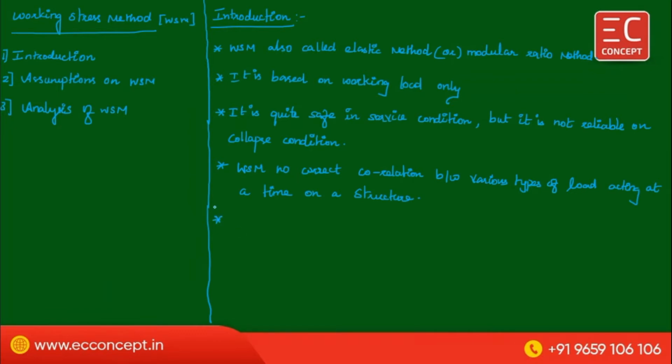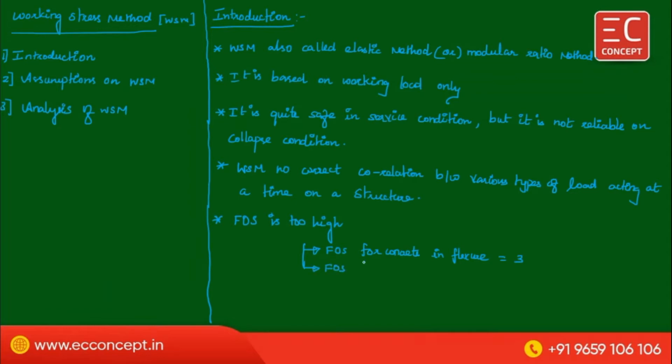Next one is FOS, factor of safety. Factor of safety is too high. Factor of safety for concrete in flexure is equal to 3.